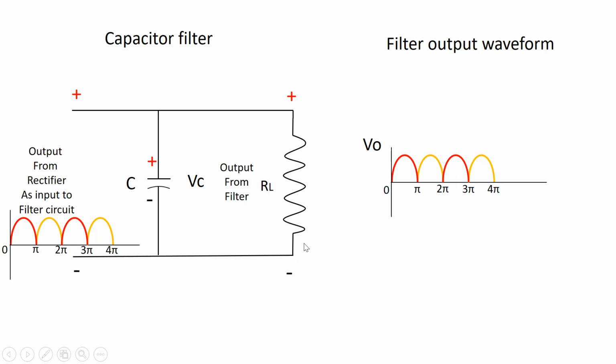Now, the V0 available across the load resistance is always equal to the voltage across the capacitor, Vc.